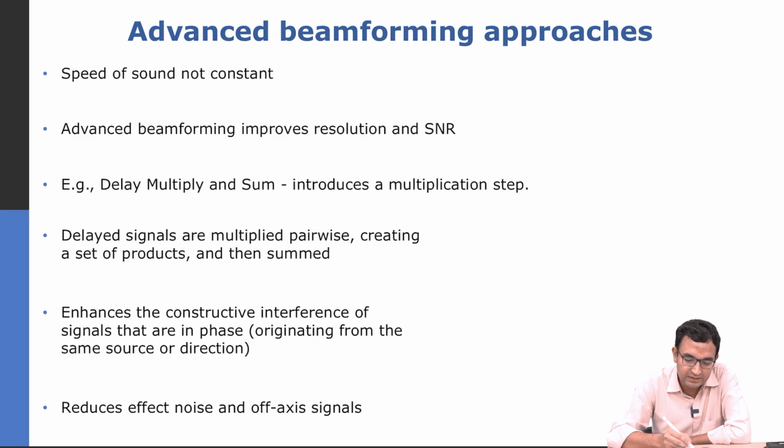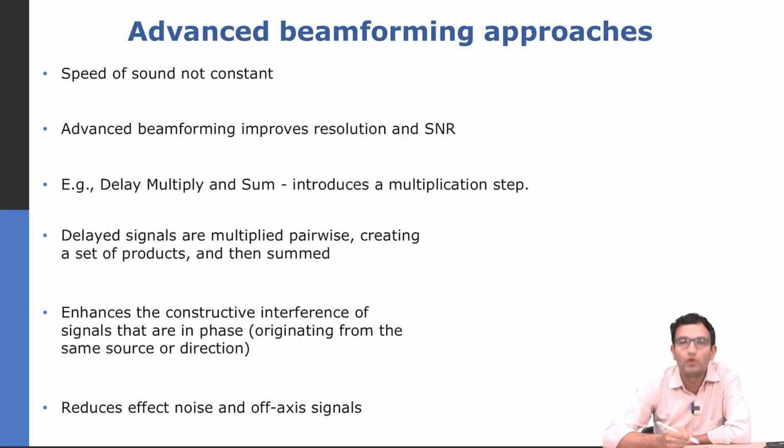So what does this pairwise multiplication achieve? It turns out that when you multiply pairwise signals, it enhances the constructive interference from signals that are in phase, and such signals are originating from the same source or direction. So they will be fairly similar.